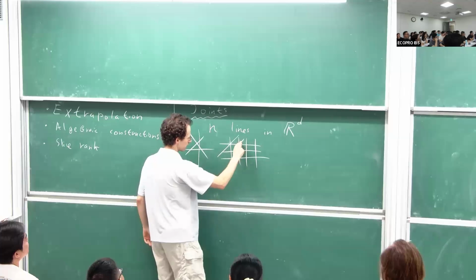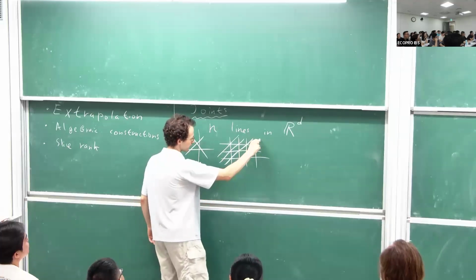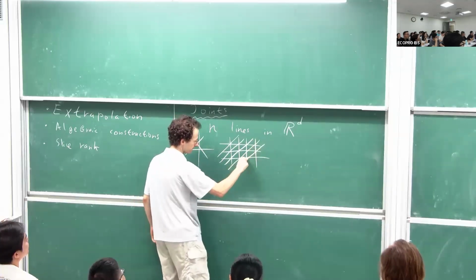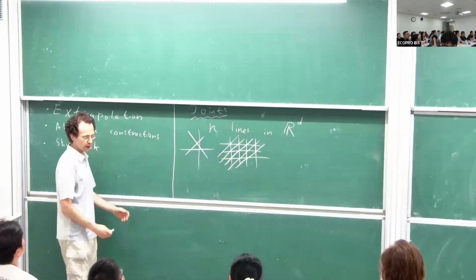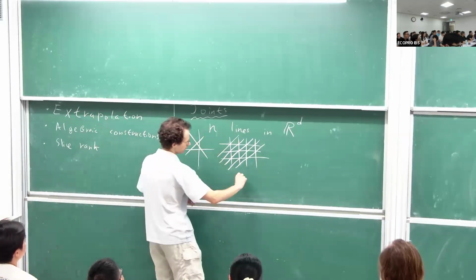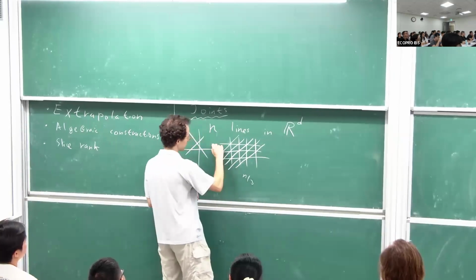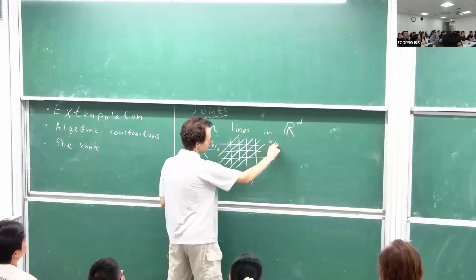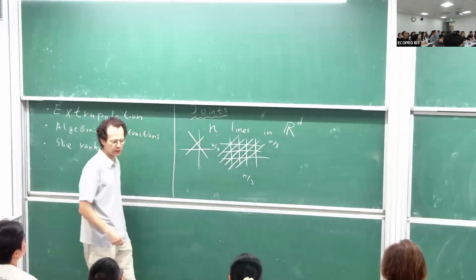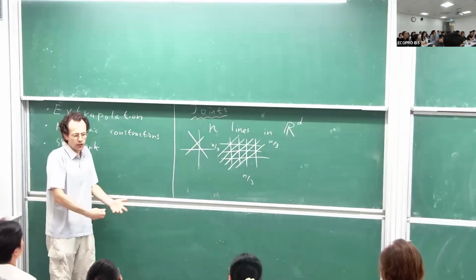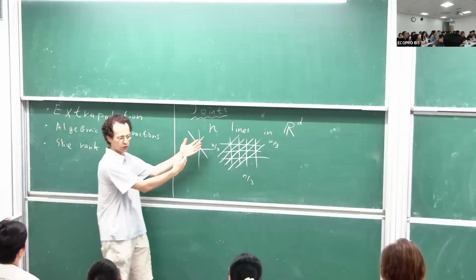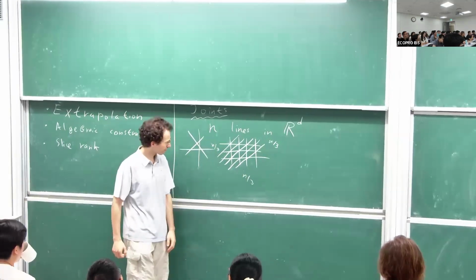Now at every point there are three lines meeting: n over 3 vertical, n over 3 horizontal, and something like n over 3 diagonal lines. And again, it's still not interesting. It's not really a three-dimensional example if you imagine this sitting in free space.